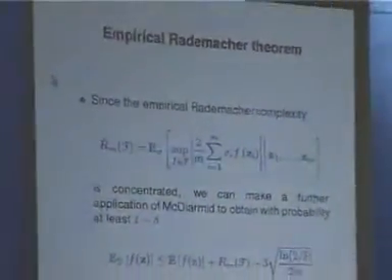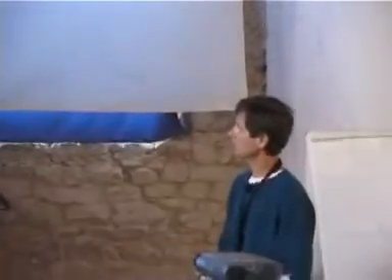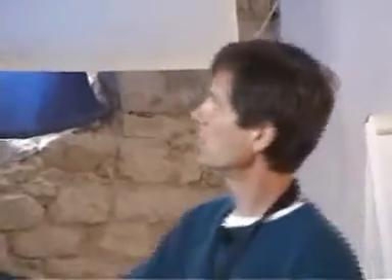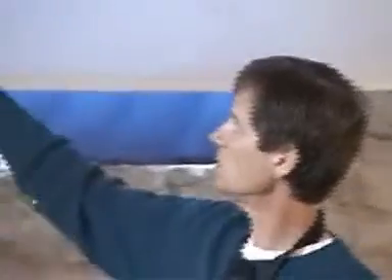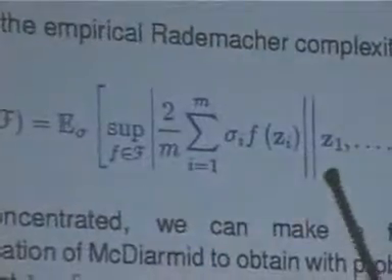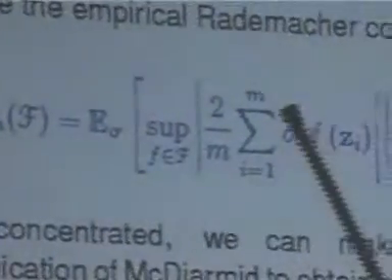But we can do our usual trick of applying McDiarmid's concentration inequality yet again, and the Rademacher complexity is also concentrated. So you can show that if you substitute Zi with a different Zi hat, it is not going to change by very much. And so its empirical value is close to its expected value.